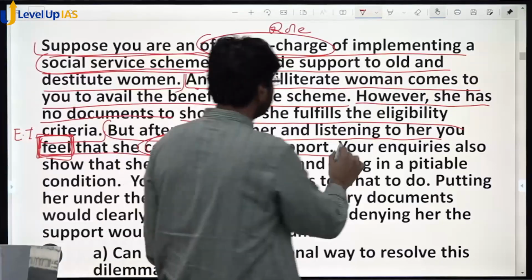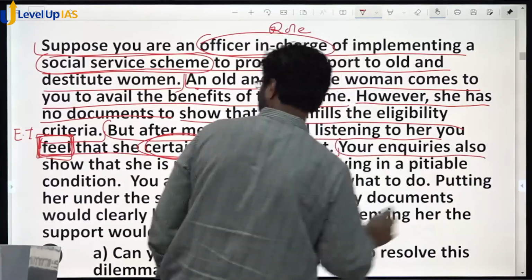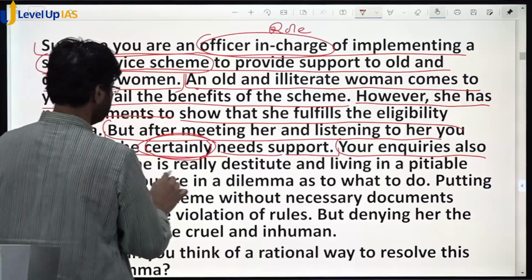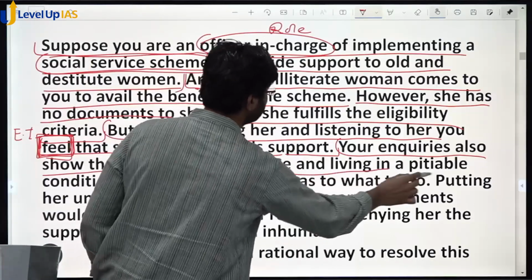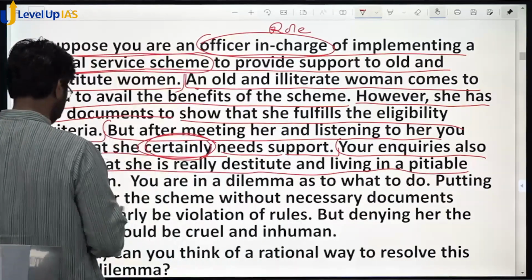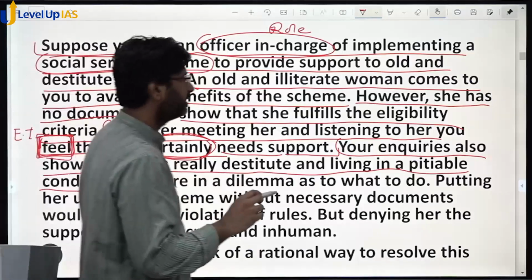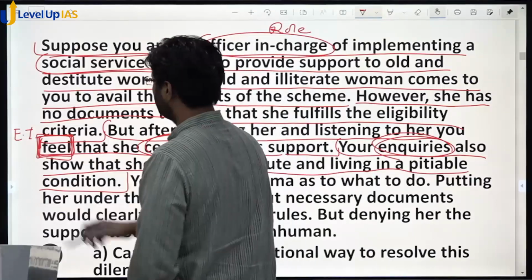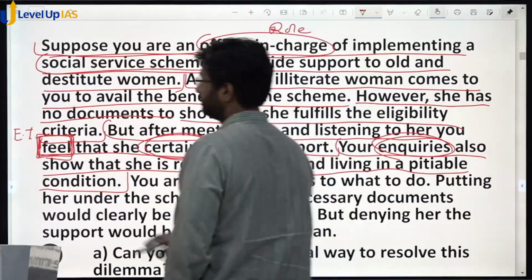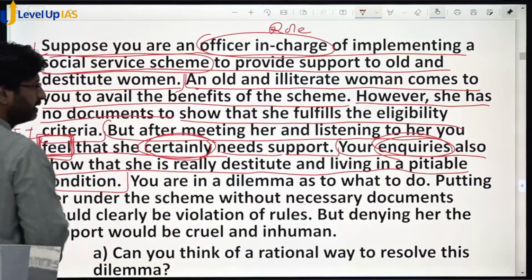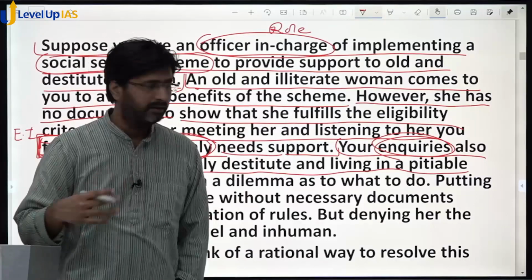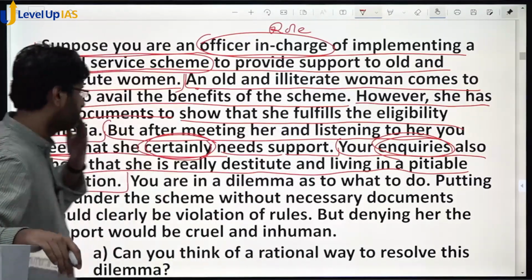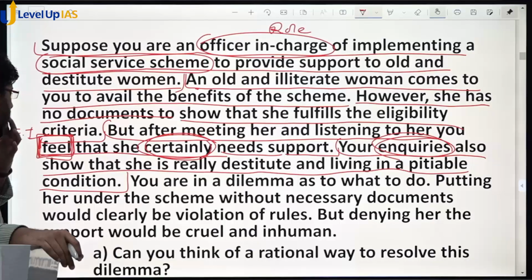Now, your inquiries also show that she is really destitute and living in a pitiable condition. अभी enquiries शब्द है, इसको थोड़ा सा sanctity ज्यादा है, feel को sanctity ज्यादा नहीं है, because emotionally intelligent अगर आप person है तो feel को आप ज्यादा sensitivity नहीं देंगे because it's your individual feeling, but your enquiries also kind of show that she is really destitute and living in a pitiable condition.